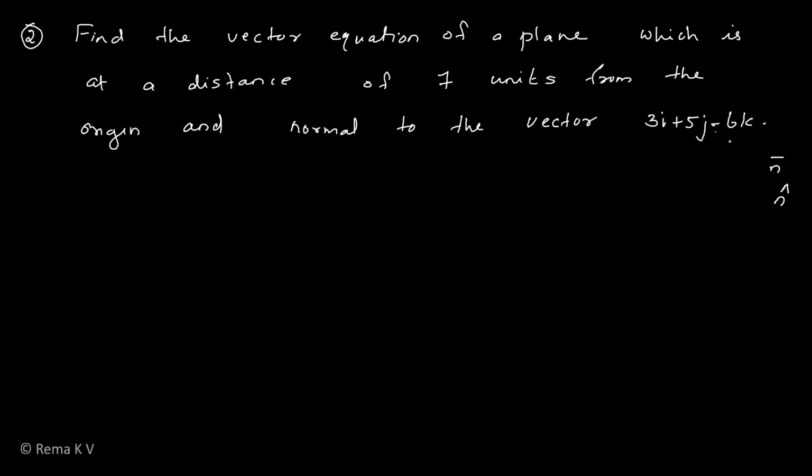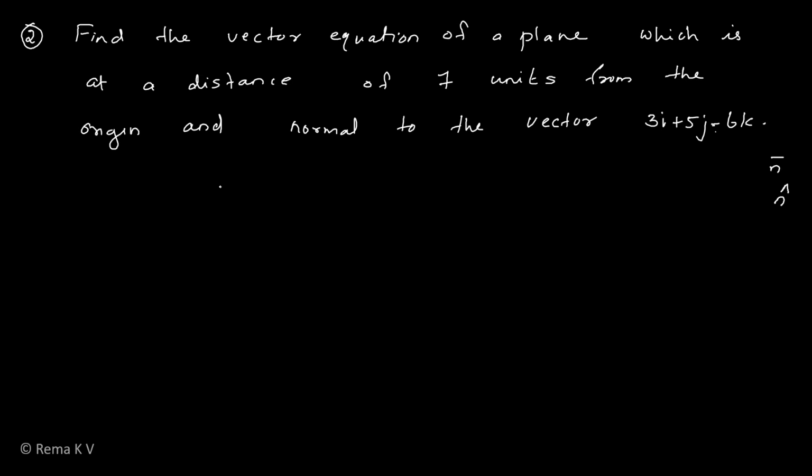What can you say about this? It is vector n. It is only a normal vector because the magnitude is not equal to 1.